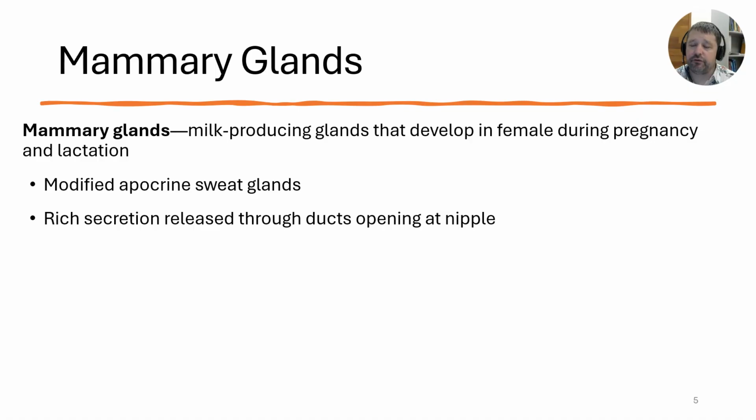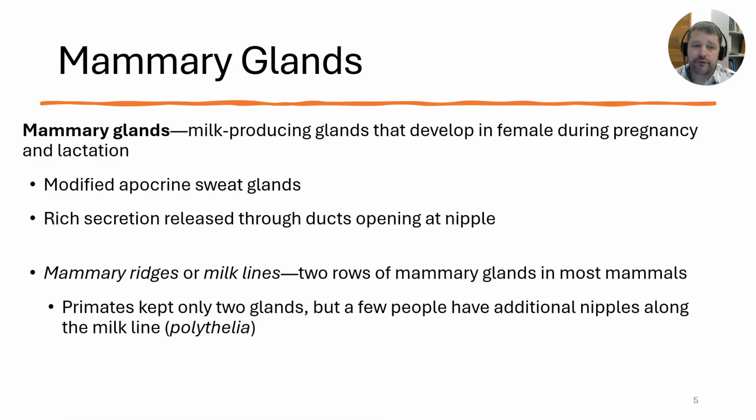For the rest of the species of mammals, the duct opens to a nipple. The number of nipples can greatly differ based on number of individuals. For humans, it typically is 2. However, we have, especially females of different species, have what we call milk lines or mammary ridges, in which you can have those glands pop up along those ridges.